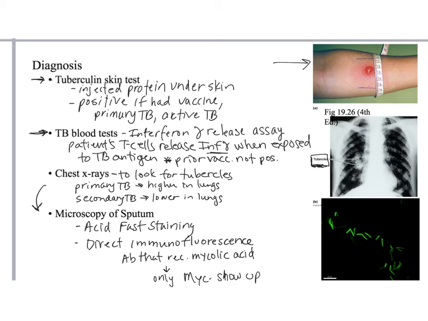That's going to be definitive proof, if you've got those bacilli in your lungs, that you have TB. They have other methods like using PCR to detect TB antigens from sputum. Again, that's really quick, but it's a lot more expensive, so I don't think that's in widespread use.